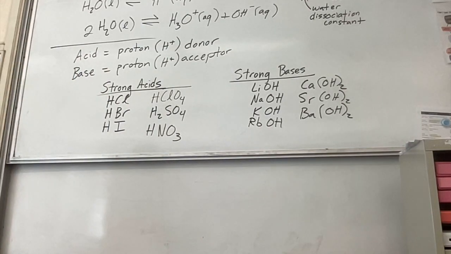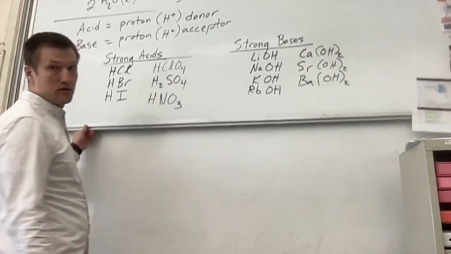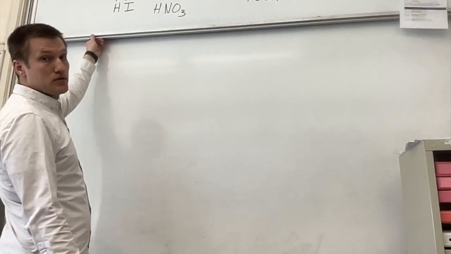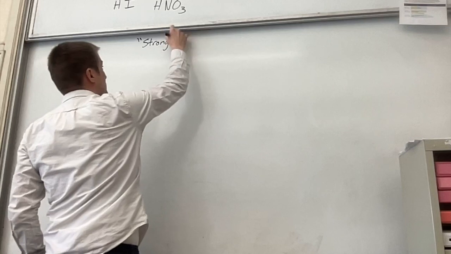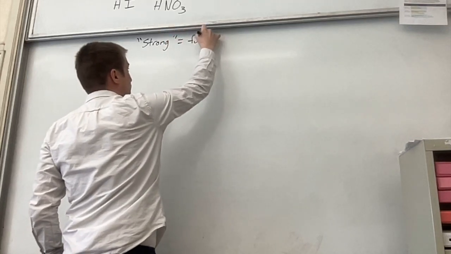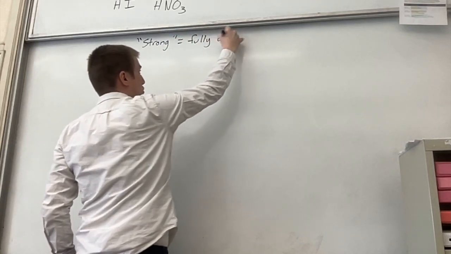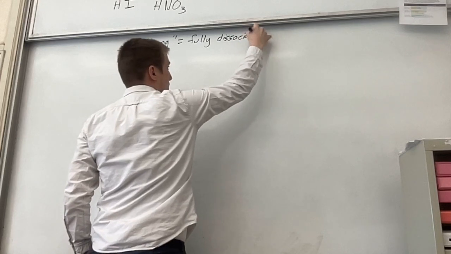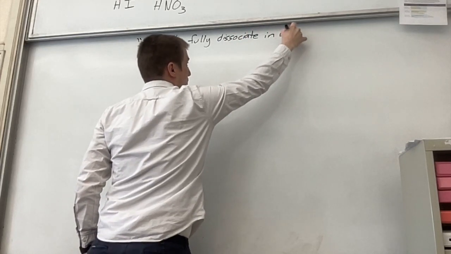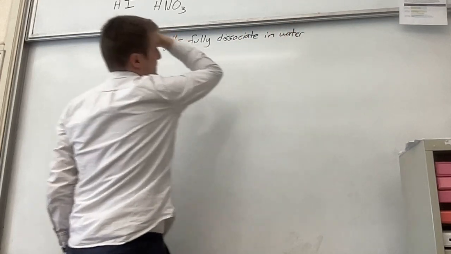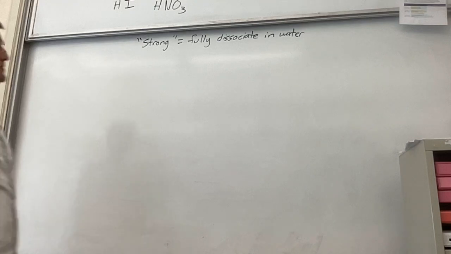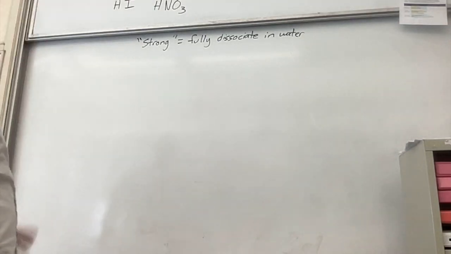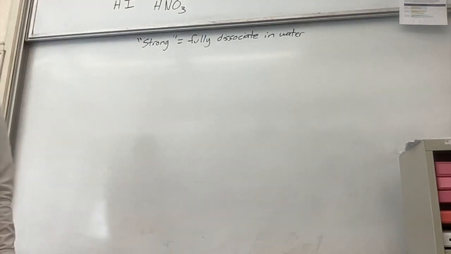And strong, we go to the bottom board. Strong means they fully dissociate in water. Like the Ka really, the acid dissociation constant. Like these, they go to completion, those reactions.